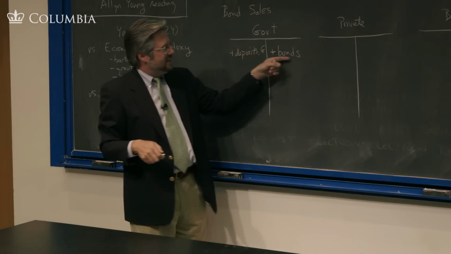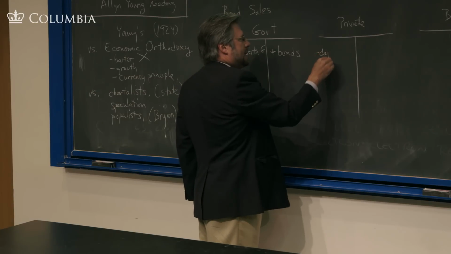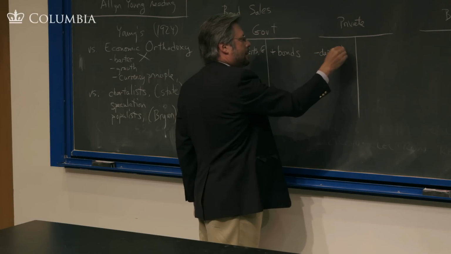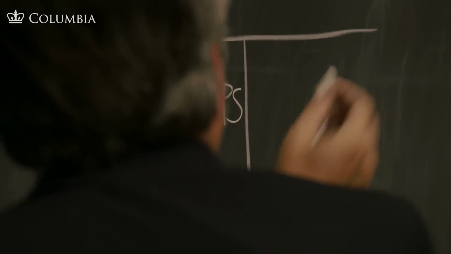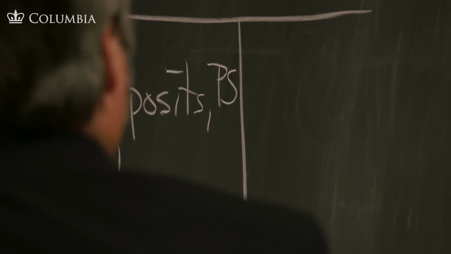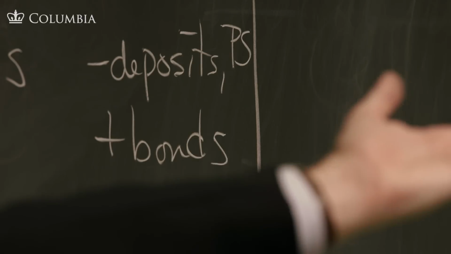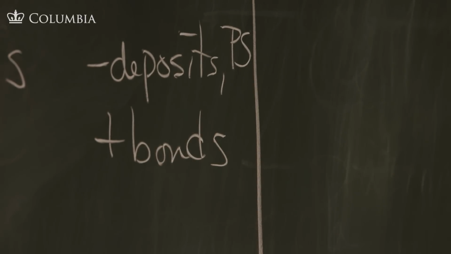So it's selling these bonds to the private sector, which is paying with its own deposit accounts. And I'm saying private sector because that's its deposits, and it's acquiring these bonds. So it's trading. You can have my deposit accounts, I'll take your bonds.